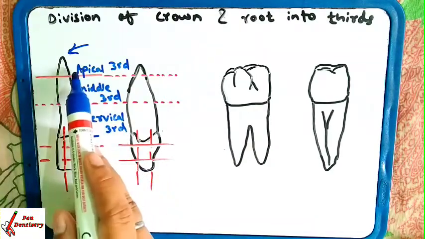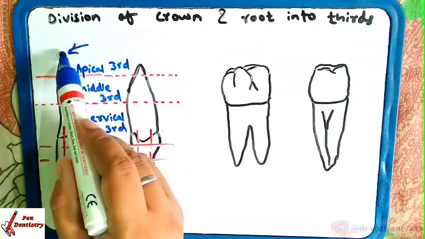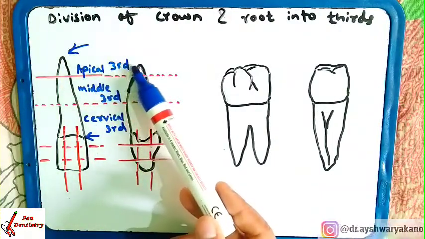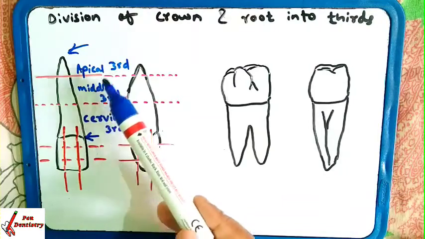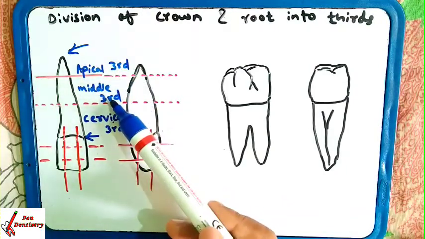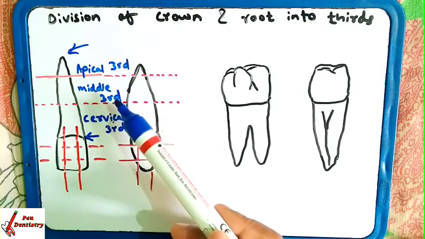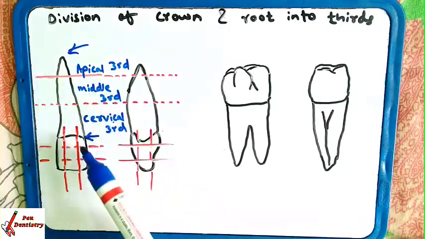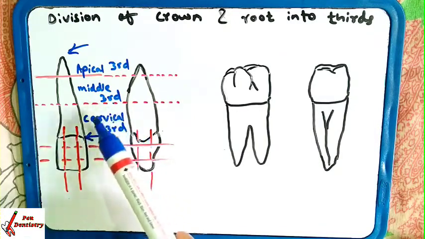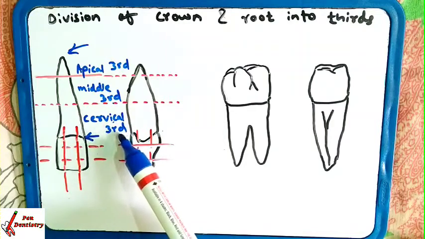This is the apical part, this is the apex, that's why it's known as the apical third region. This is the middle of the cervical and the apical, that's why this region is known as the middle third, the middle part of the root. This area, the junction of the crown and the root, is known as the cervical region. This is the cervical third region.